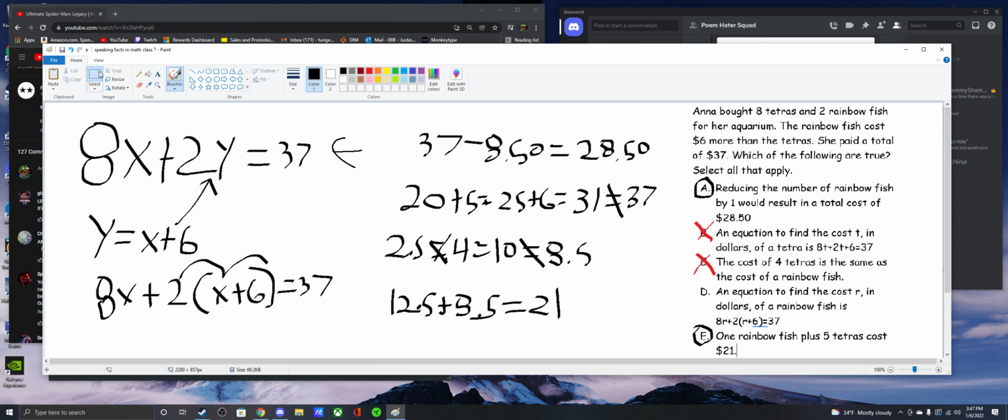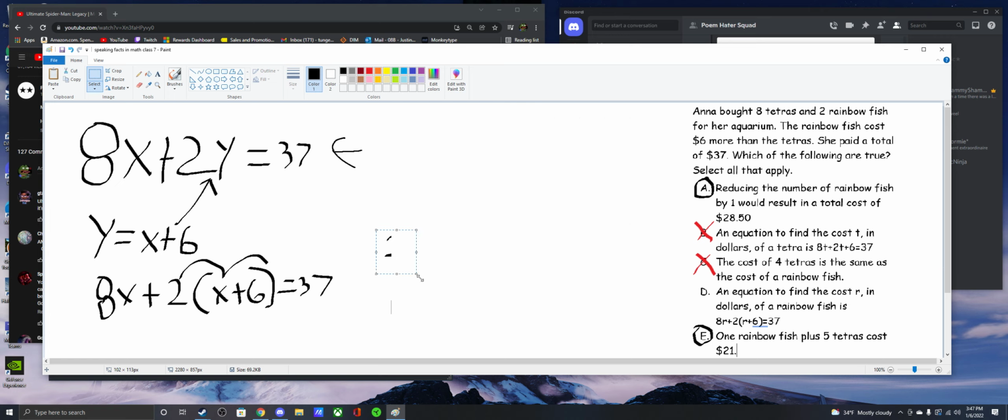Now let me just get rid of this, and we'll talk about D. Okay. So, depending on the way you look at the problem, I would say D works.